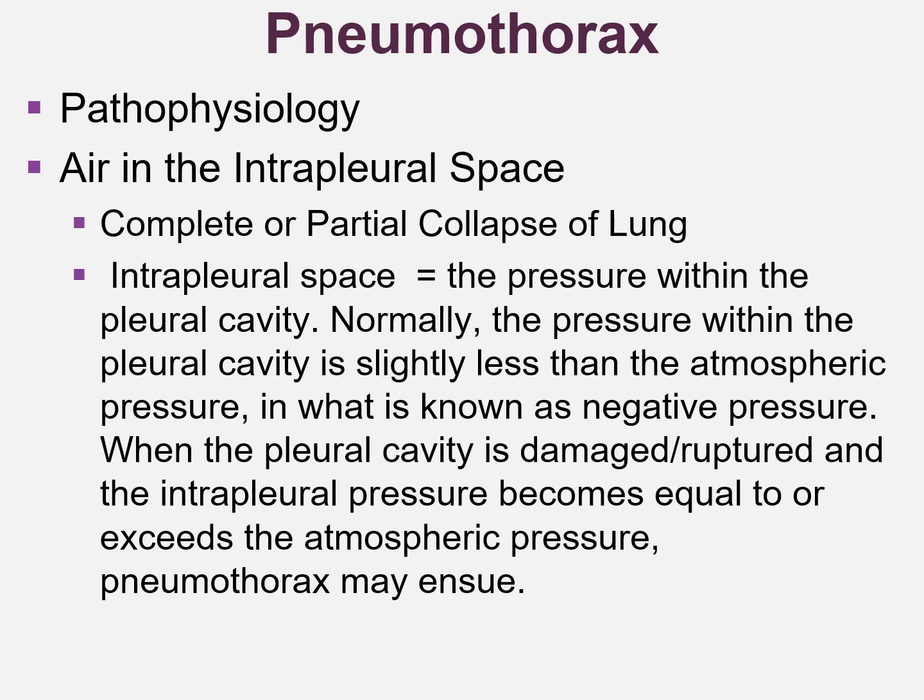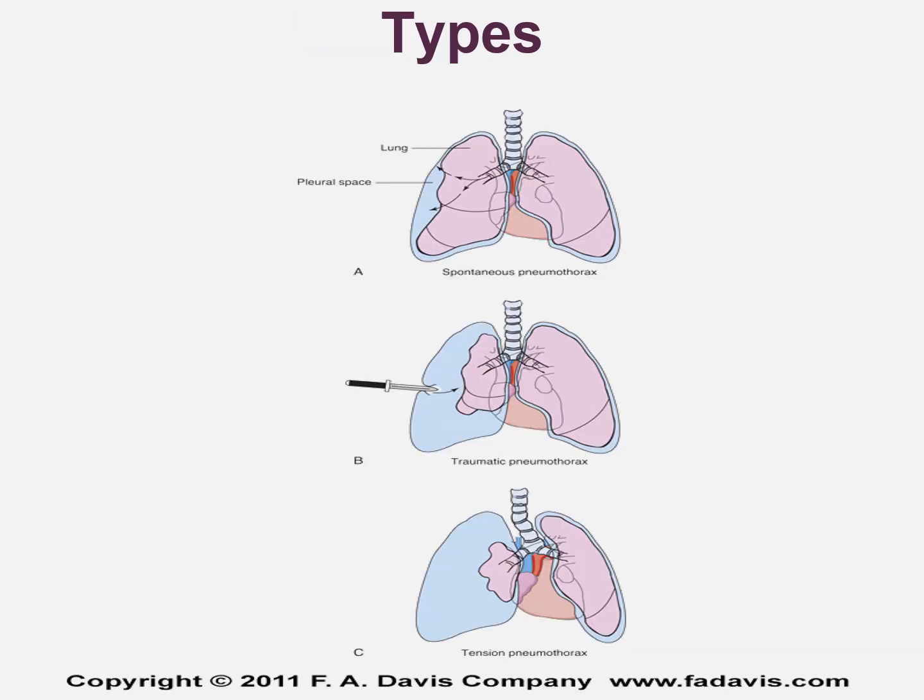When the pleural cavity is damaged or ruptured, the intrapleural pressure becomes equal to or exceeds the atmospheric pressure, and a pneumothorax may ensue. There are three different types of pneumothorax: a spontaneous pneumothorax, a traumatic pneumothorax, and a tension pneumothorax.